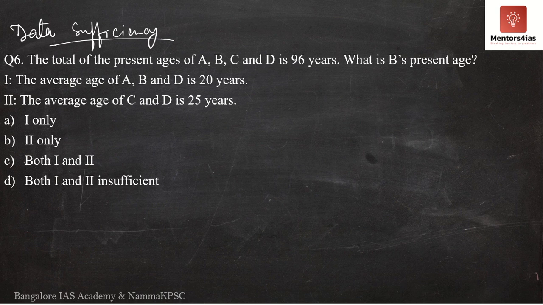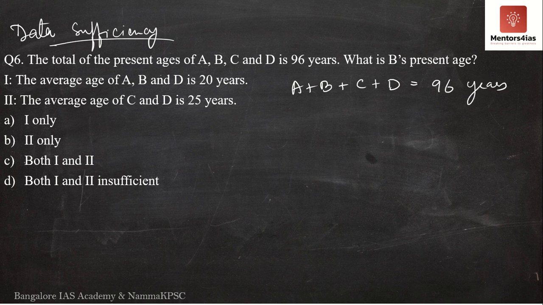Okay, so we have to determine if it is possible for us to make use of the information contained in the first and the second statements to answer this particular question, that is what is B's present age. So from the question itself, what are we able to determine? The total age of the 4 individuals, that is A plus B plus C plus D, is equal to 96 years.